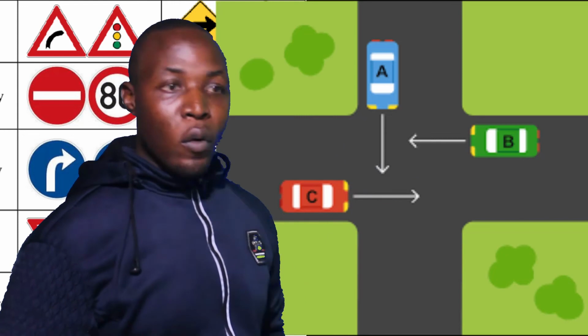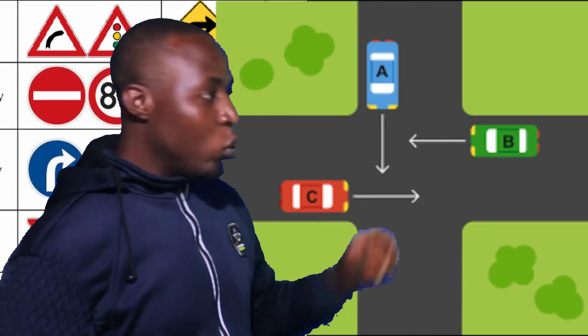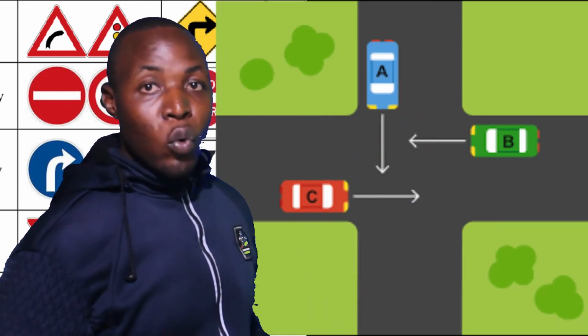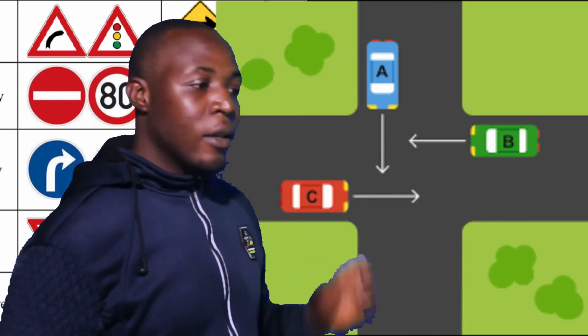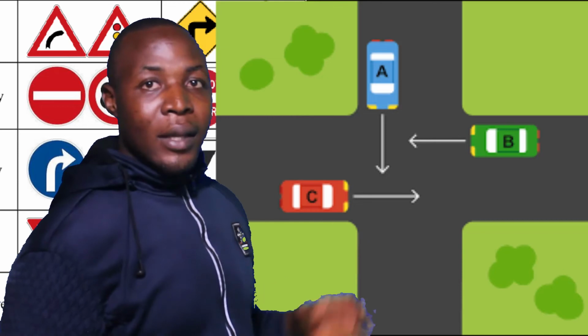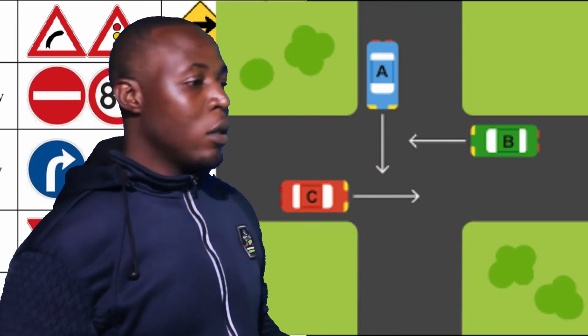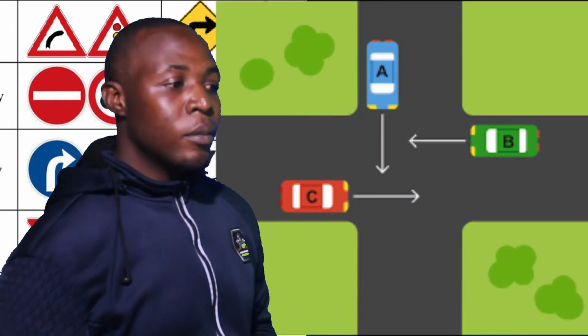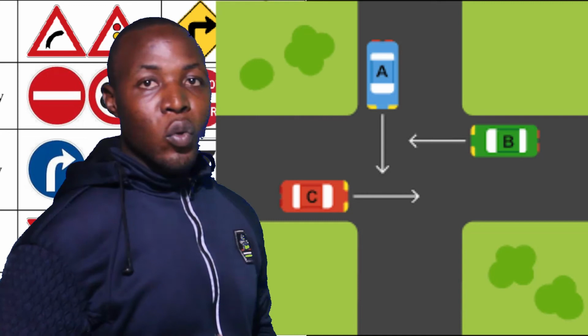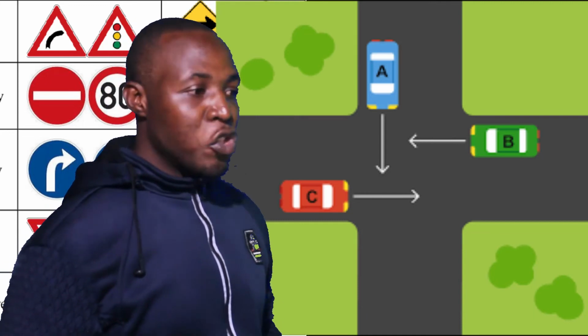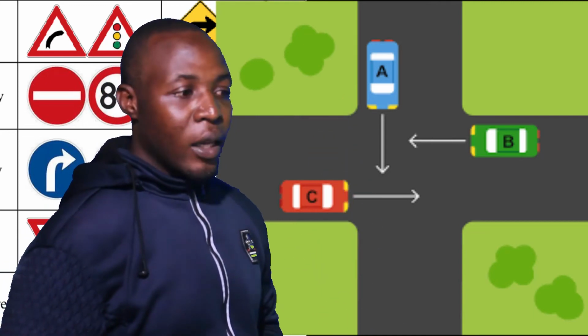So here, the red vehicle goes first, then the blue vehicle, and the green vehicle will pass last. So we have the red vehicle first, the blue vehicle, and the green vehicle. So that is the order of passage in this type of intersection.